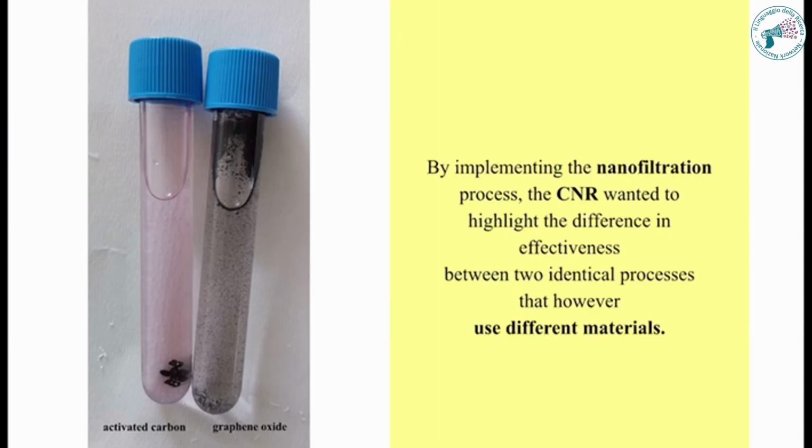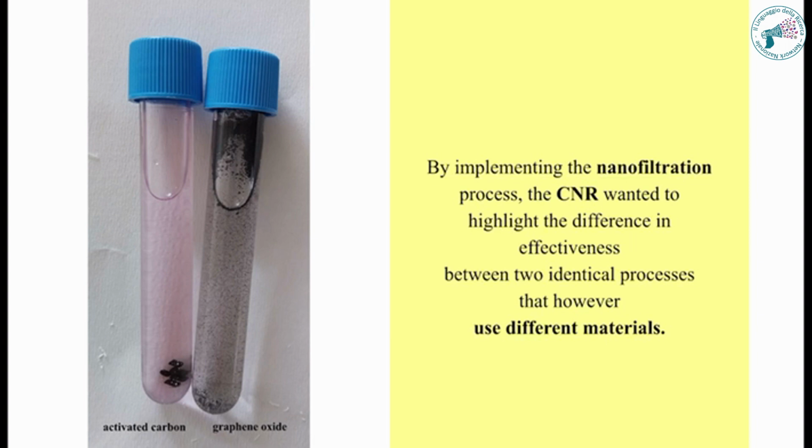By implementing the nanofiltration process, the CNR wanted to highlight the difference in the effectiveness between 2 identical processes that, however, use different materials. In fact, the same quantity of water and rhodamine was inserted into 2 test tubes containing, respectively, activated carbon and graphene oxide.